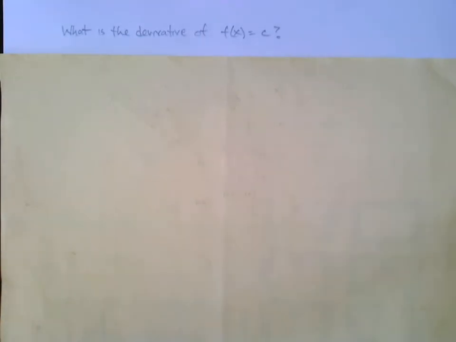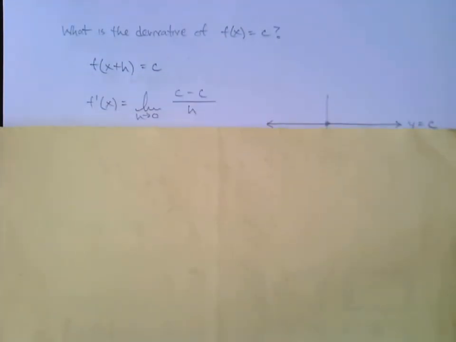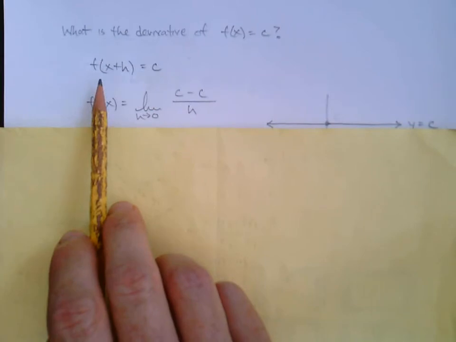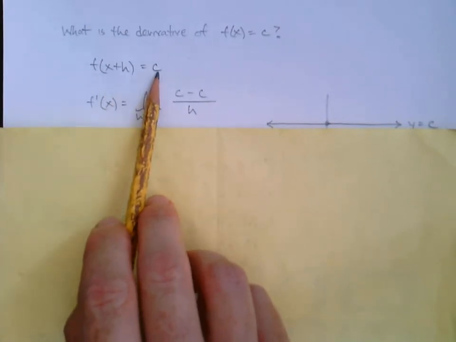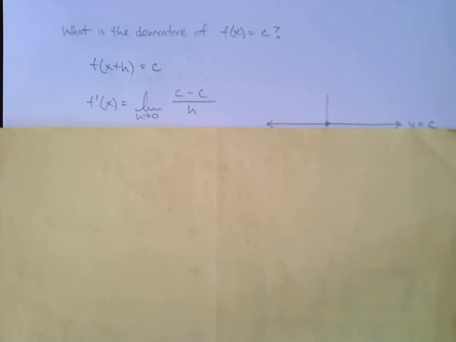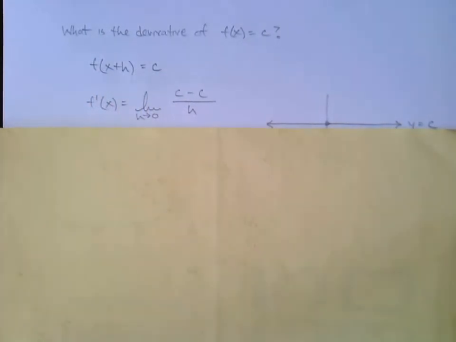Well, let's go back to the definition of the derivative. I'll show you all this. For a constant, f of x plus h equals the same constant. Right? There's no x to plug in or to replace, so it's still equal to c.